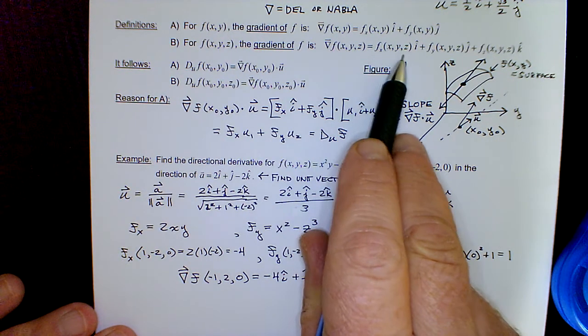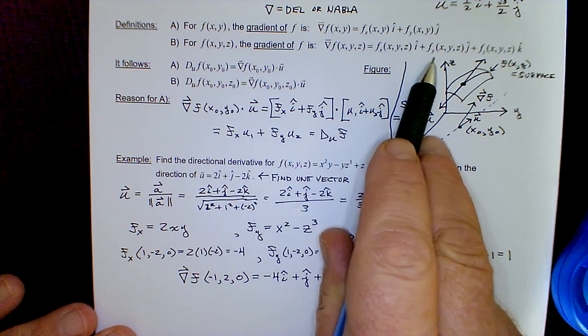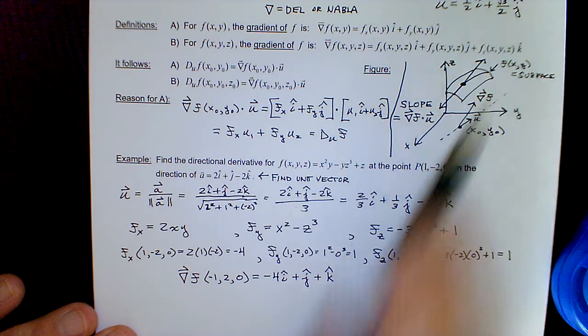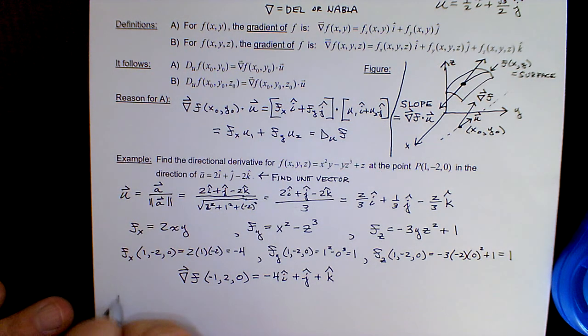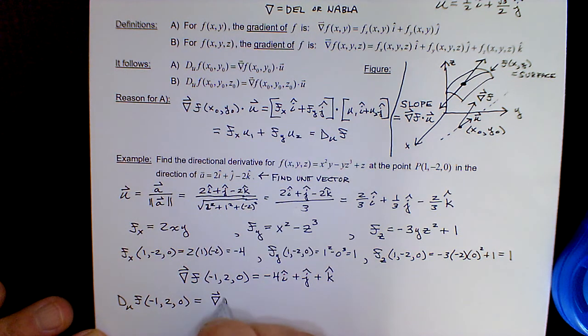Once again, just the partials evaluated times the i, j's, and k's respectively. So then if we want the directional derivative of the function at this point, that's just going to be the gradient of the function at that point dotted with our unit vector.